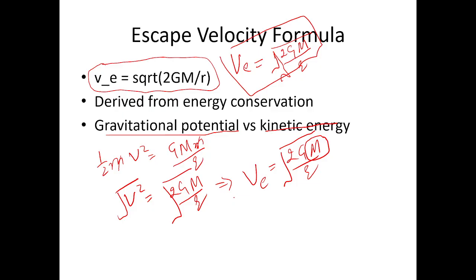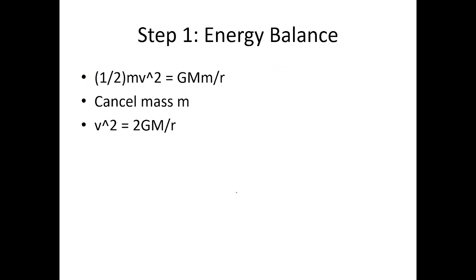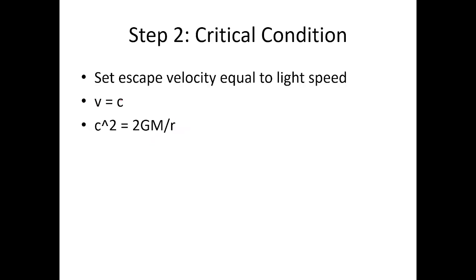If we put this escape velocity equal to the speed of light, okay, so this is the escape velocity formula, and when we put this escape velocity to be c, we find that v square is equal to 2GM over r.